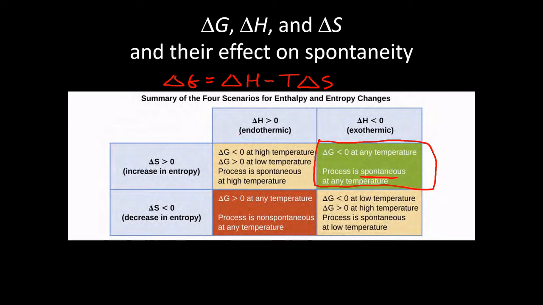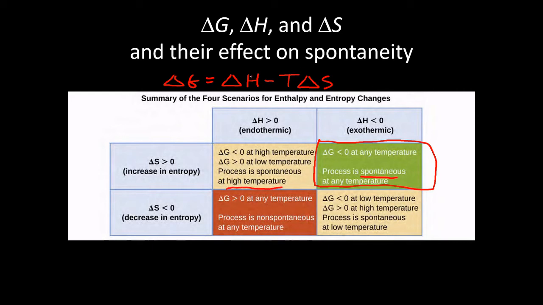So in situations like this, where delta H is saying no spontaneous reaction and delta S is saying yes, I want a spontaneous reaction, usually what happens is the reaction is not spontaneous at low temperatures, but is spontaneous at high temperatures.